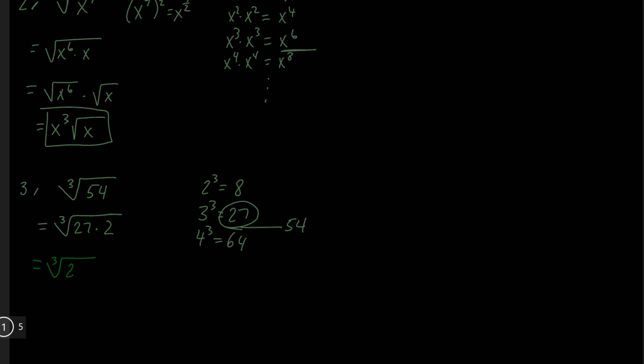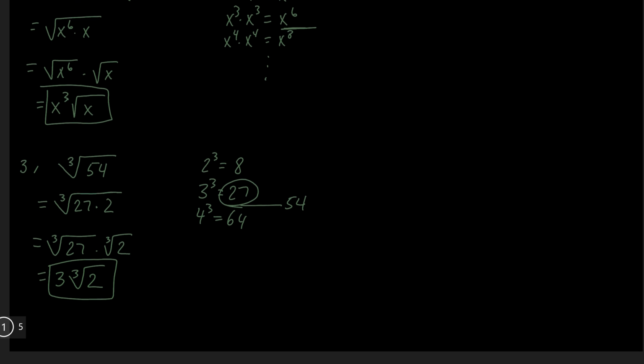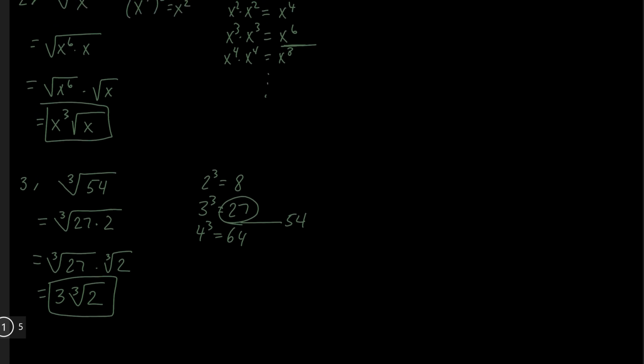The cube root of 27 times the cube root of 2. So we get the cube root of 27, which we figured out here is 3, times the cube root of 2. Again, we know this is simplified because the cube root of 2 can't be broken down anymore. 2 does not contain any factors, again, other than 1, that are perfect squares, perfect cubes.